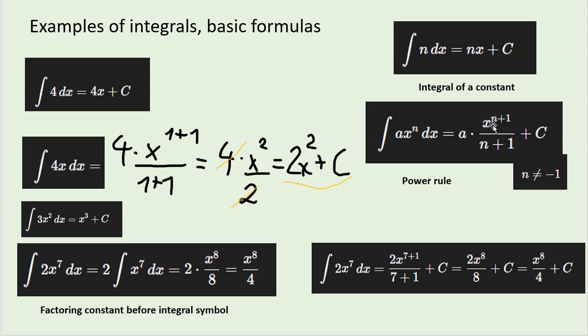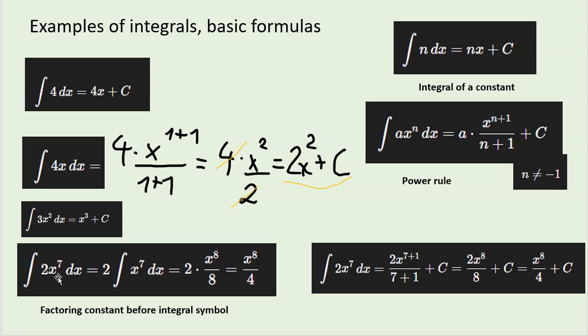So you increase the exponent by 1 and divide by the same number as you have in the exponent. You may have a coefficient before, so you can write this coefficient before for clarity. And what is important, this power rule doesn't apply for exponent equals minus 1. So if the exponent is negative 1, we will use a different rule, which I will show you later.